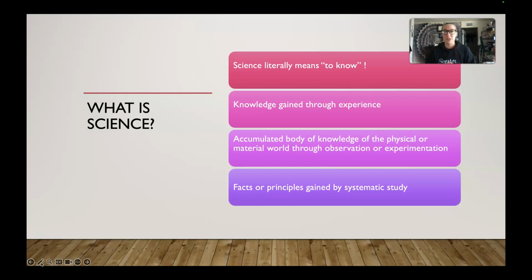So oftentimes what scientists do is we observe, see what happens, and then we can make conclusions based on our observations. The best way that we can do that is create experiments in a lab, and within those experiments, can we replicate what we observed?